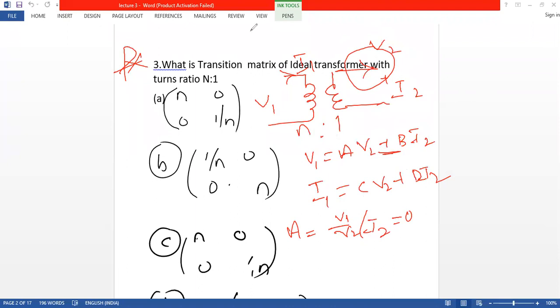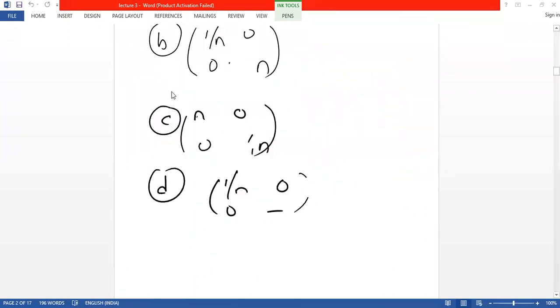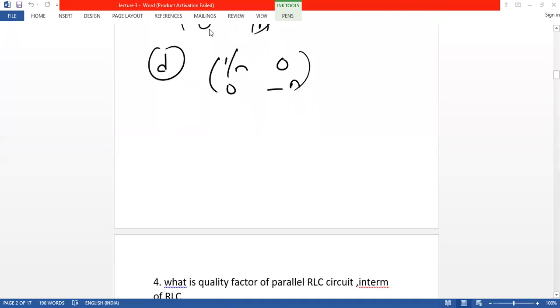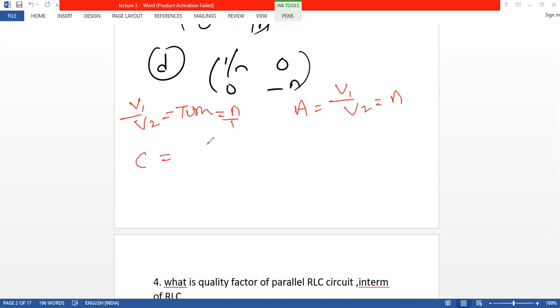See here. Let me clear this screen and move somewhat down. Okay. In a transformer, V1 by V2 is the turns ratio, that is n by 1. So here you got A as V1 by V2 equal to N. Now similarly, what is C? Tell me friends, from that equation, I1 by V2 at what condition?